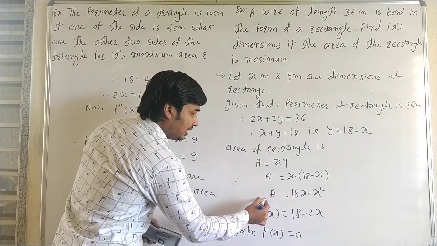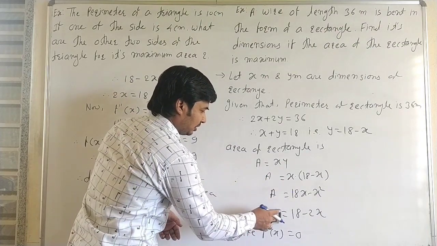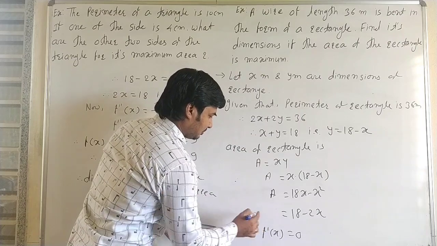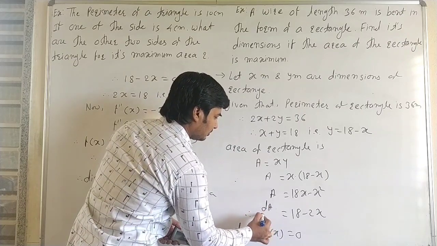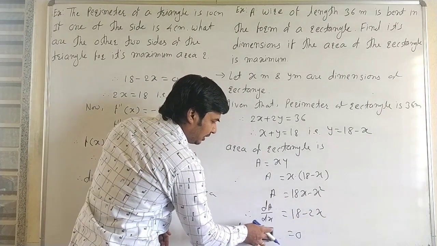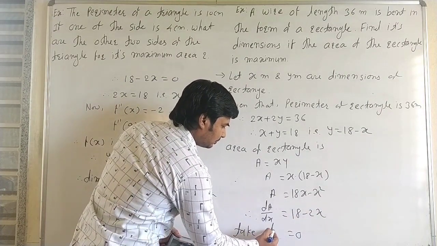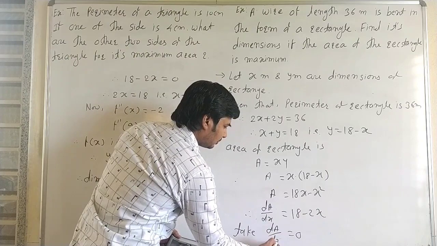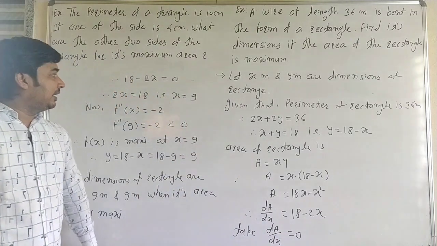Therefore, differentiate A with respect to x. Therefore, it is dA by dx. Now put dA by dx equal to 0.